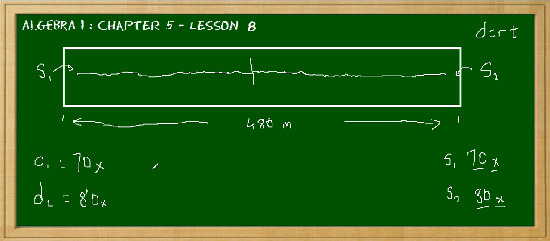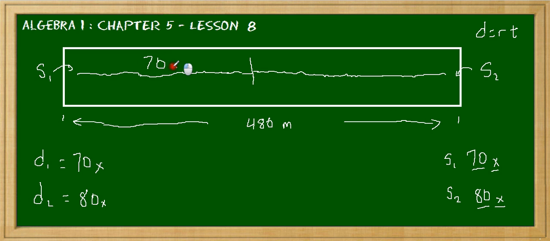Now, complete and copy the diagram below which shows the point at which the swimmers will meet. And we'll let x represent the time that each one has been swimming. So, how can we illustrate that? Well, let's take a look. We have 480 meters going across, and we would just plug in our information from our very first part.